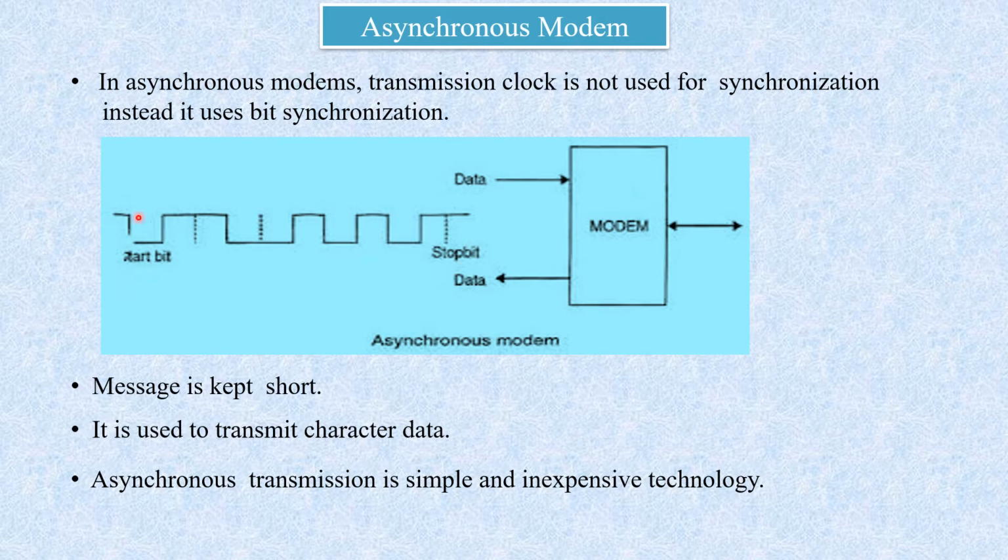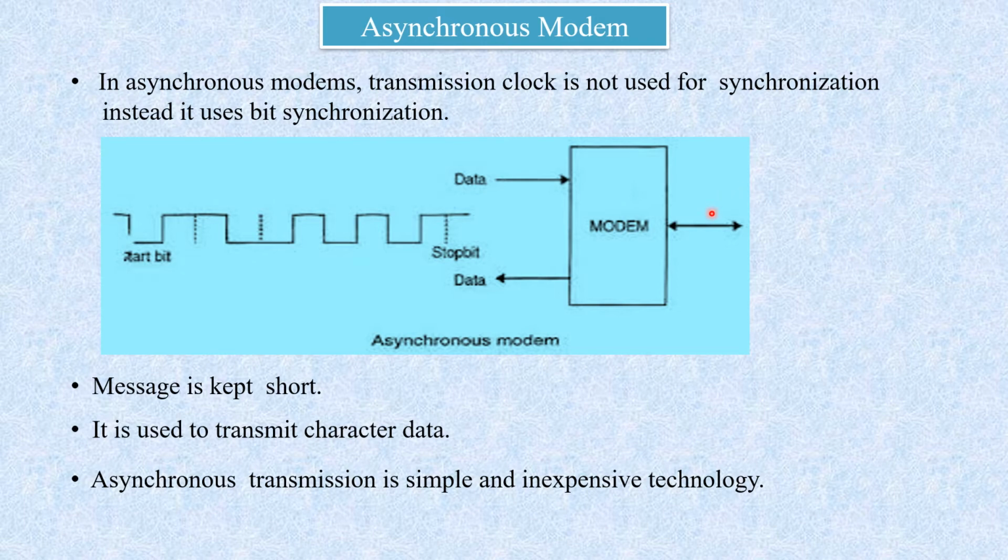So when the data byte should be transmitted and received depends on the start bit and stop bit. There is no separate timing signal or clock between the modem and the computer. So there is no separate timing clock between the modem and the DTE.